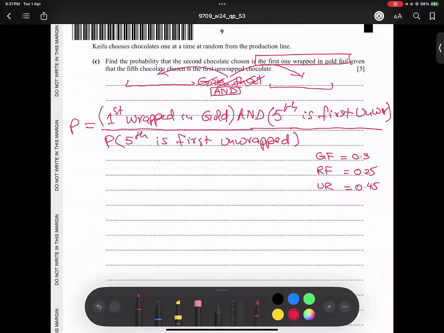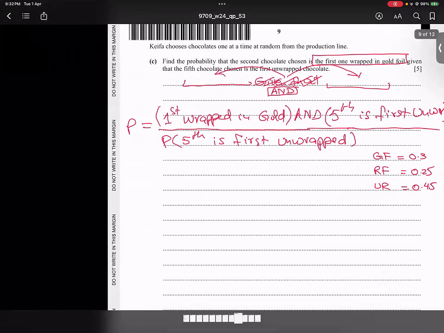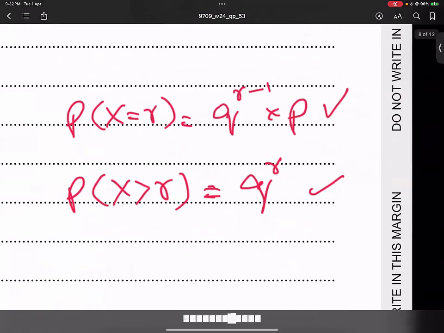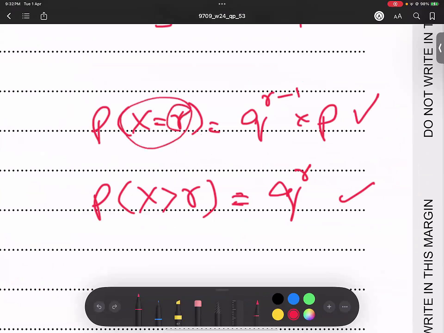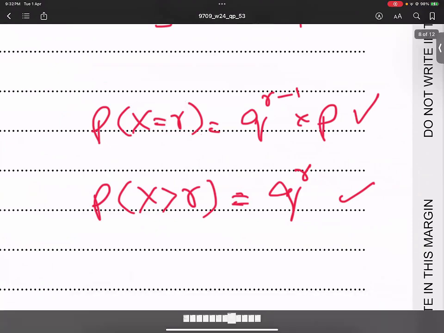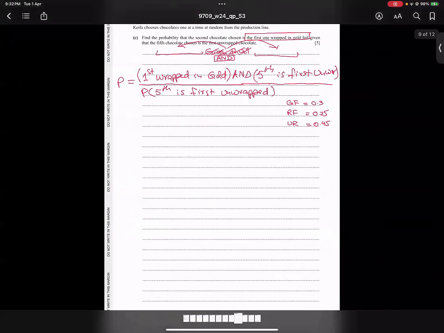The fifth chocolate is the first time unwrapped. I taught you that we have a special formula for this, the geometric formula, used when X equals 5. We know the P and Q, so let's use this formula on the next page.